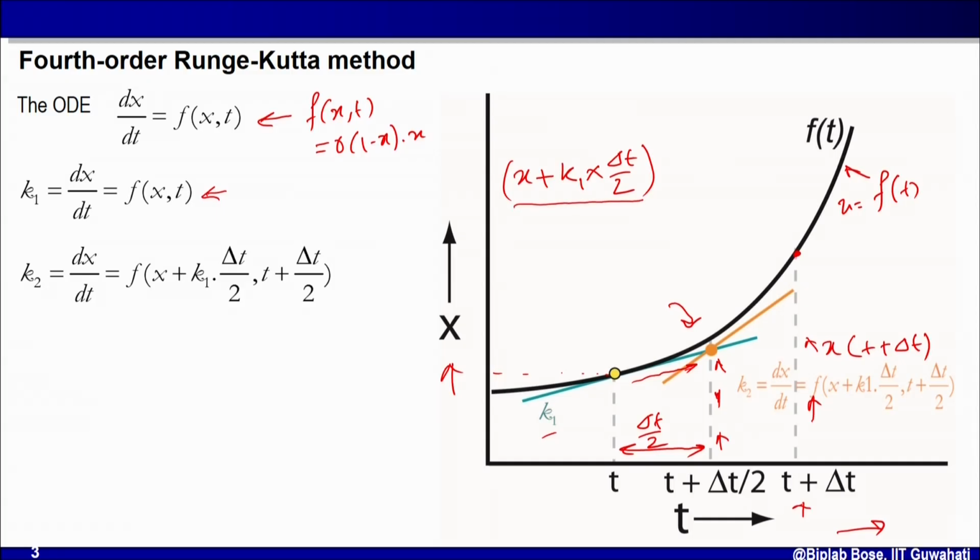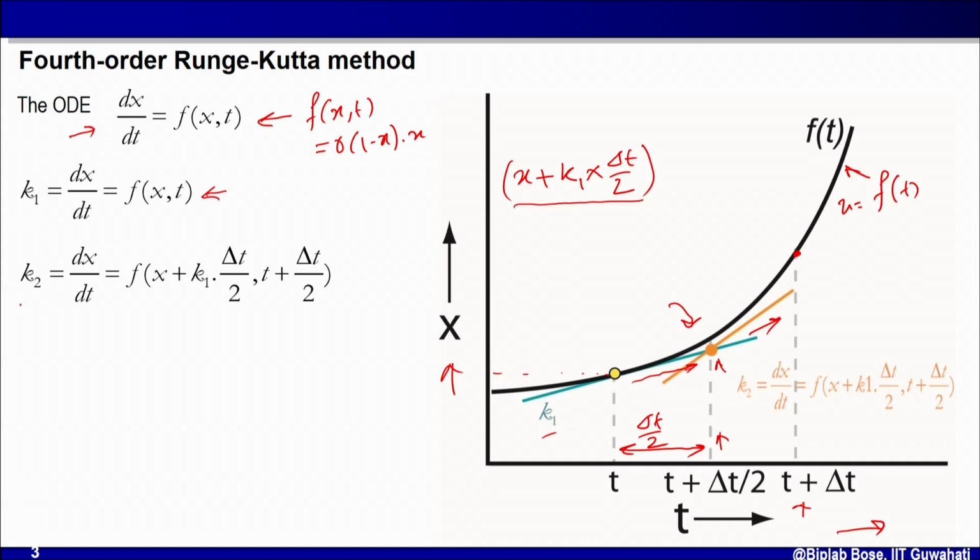So the value of x here in this orange dot is actually x plus k1 into delta t by 2. Now I will estimate the slope if I draw a tangent there, and I will get the slope k2. So using this differential equation dx/dt, I calculate the slope of this orange line drawn at this orange dot.